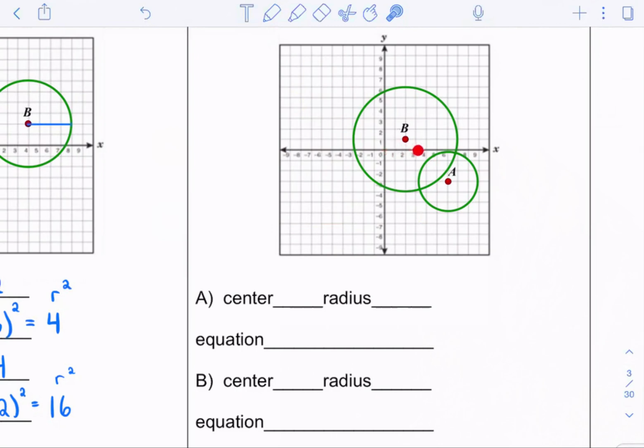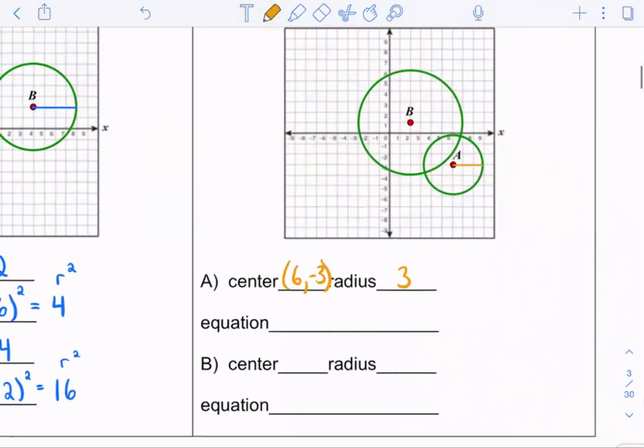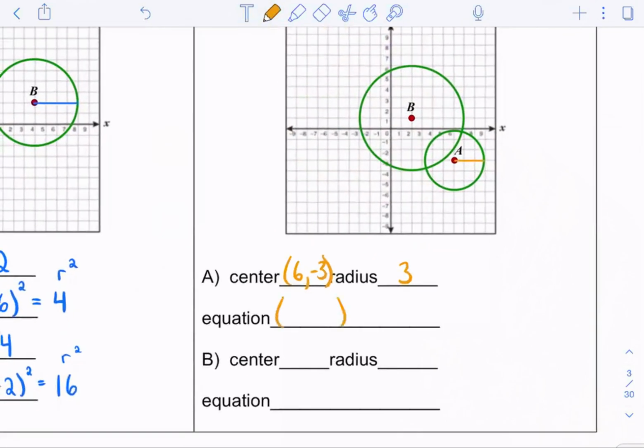Okay, so the center of the first circle is 6, negative 3. Radius is 3. So we have parentheses x minus 6 squared plus y plus 3 squared equals 9. Beautiful.